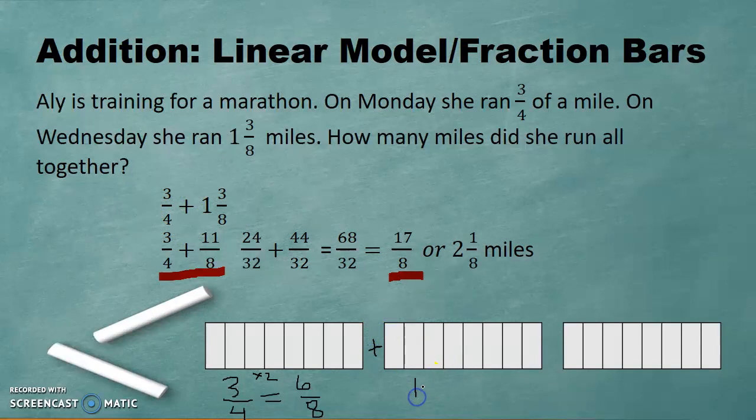a whole, which is the same as 8/8, plus our 3/8. Now we're going to shade them in.